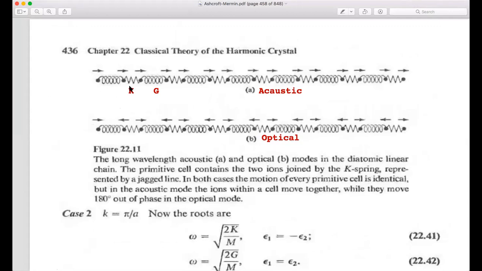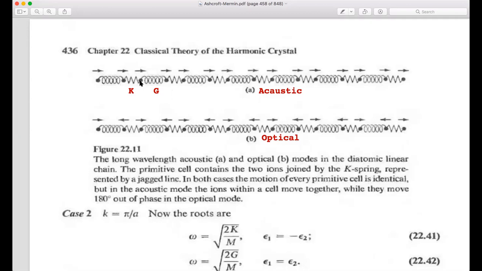Here again, notice that this is the K spring. So these two atoms are in the same cell, and these two atoms are in the same cell. Whatever this cell does, this cell will do exactly the same. If the two atoms are moving in this direction, these two atoms would move exactly in the same direction. Now, what are these two atoms doing relative to each other?